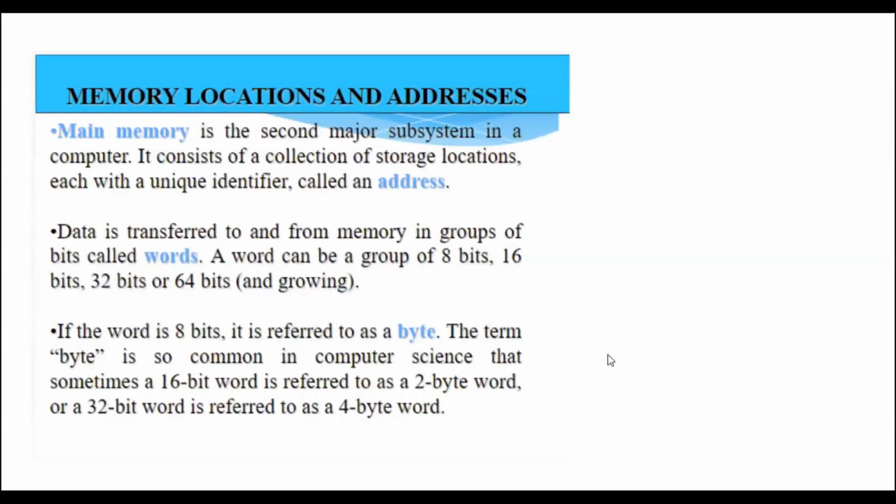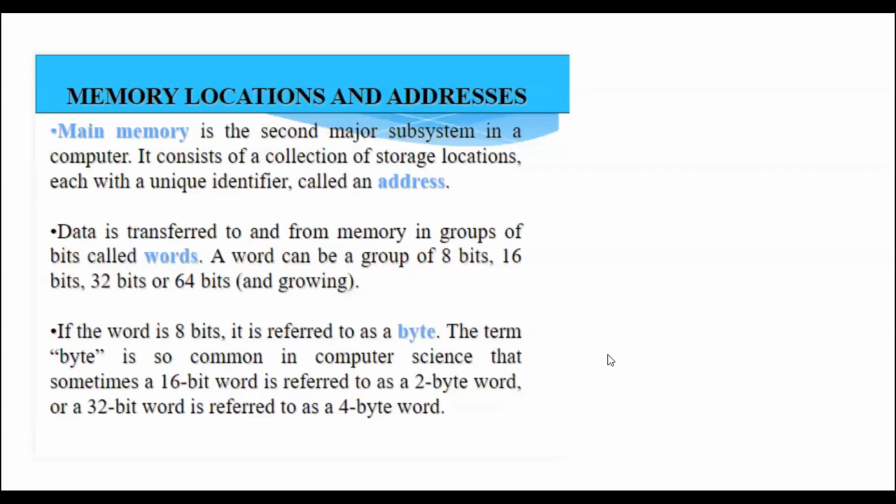So we all know that the memory is the second major subsystem in a computer. It consists of a collection of storage locations, each with a unique identifier called an address. The main memory of the computer is organized in such a way that a group of n bits can be stored and retrieved easily by the computer in a single operation.